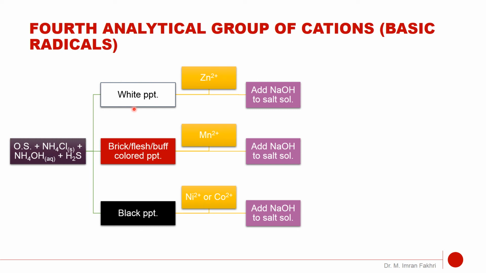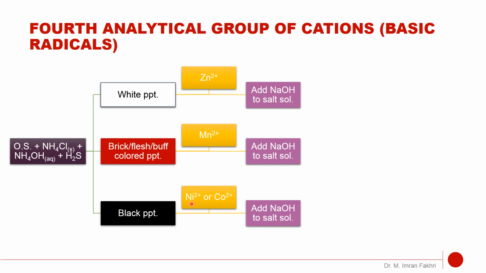Zinc sulfide is insoluble in water, and it is obtained as a white precipitate. Similarly, Mn2 positive ion forms buff colored precipitates as its sulfide. Manganese sulfide is buff colored.